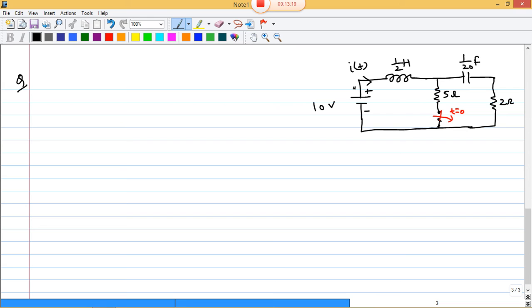Now for this system, when the switch is in closed position for a long time, before it is opened at t equals to 0, our circuit looks like this.